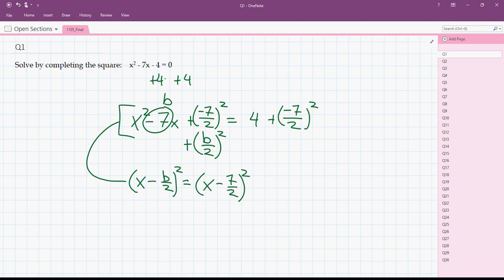And that'll be equal to, well, I guess we do have to calculate that. So we have 4 over 1 plus 49 over 4. So if we put that over common factors, we have 16 over 4 plus 49 over 4, which makes this equal to 50.